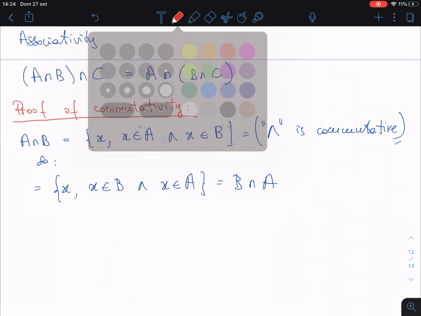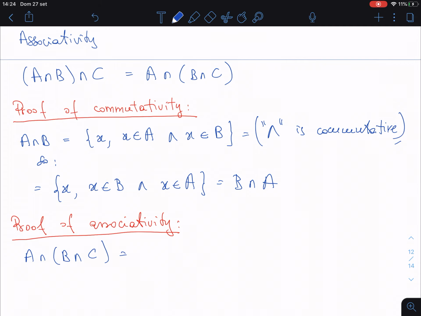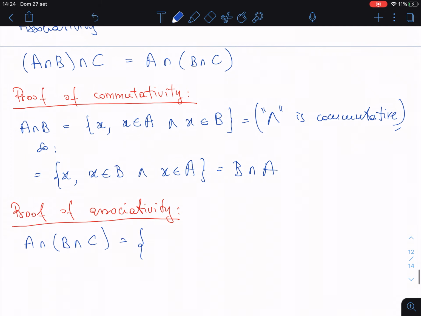And again, you can also give the proof of associativity. The proof of associativity is the same. If you have A intersection B intersection C, it is equal to the set of the X such that X is an element of A and X is an element of B and X is an element of C. I don't put commas here.